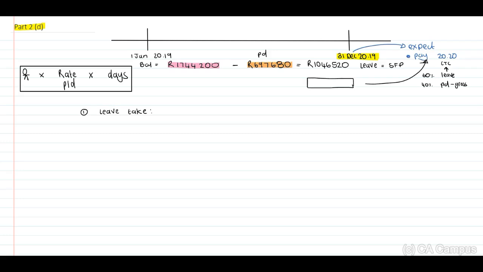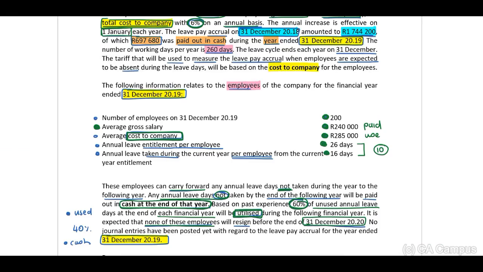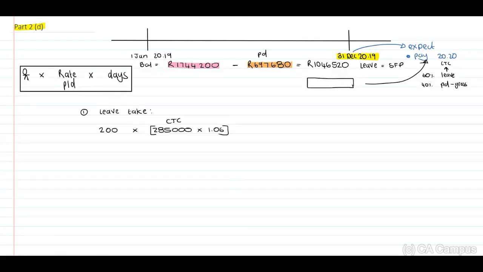Okay. Now, let's first determine the employees that will actually take the leave. Our number of employees will be the 200 times that rate will be 285,000 times 1.06. Remember, we've indicated that this should be cost to company. If you look at the given scenario, our cost to company will be the 285,000. You with me on this one, guys? Okay. We have our number of days, which will be the 26 minus 16.